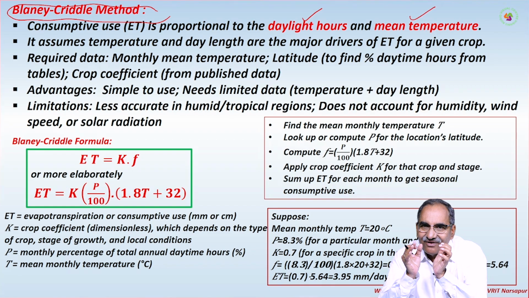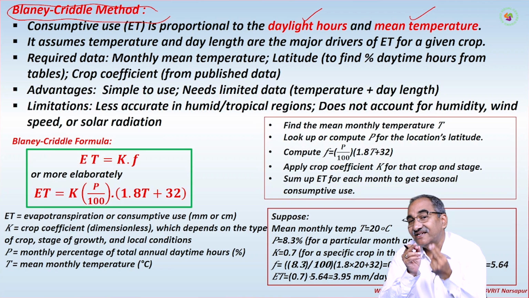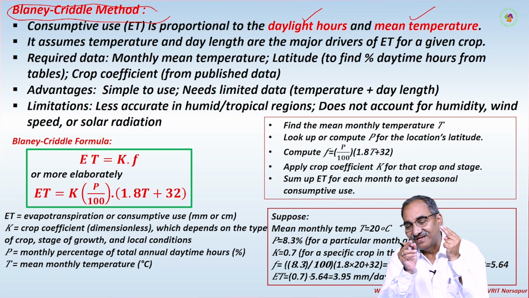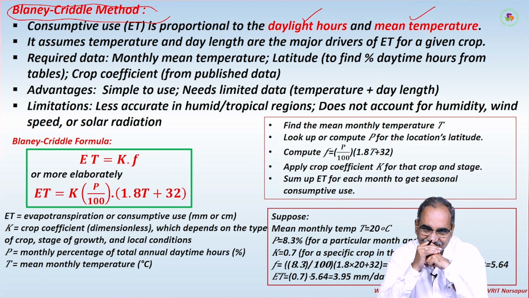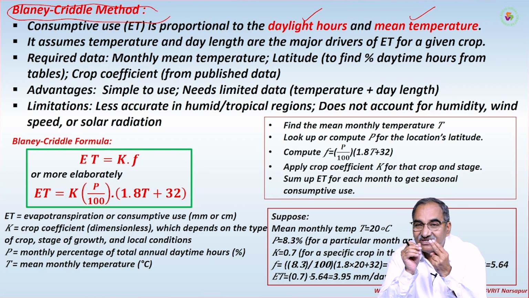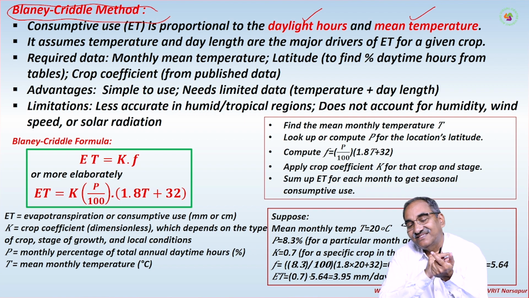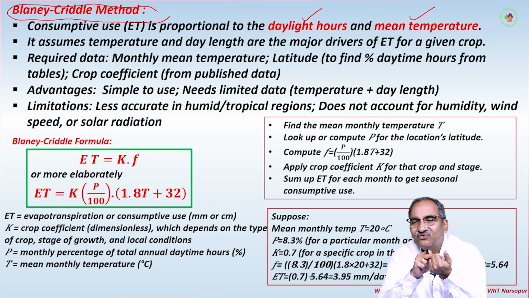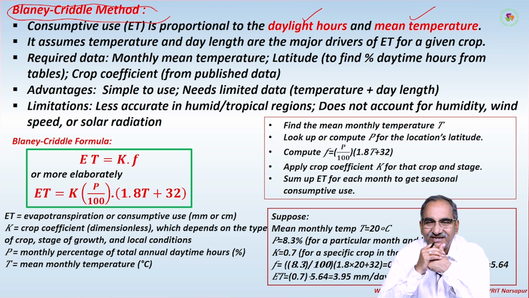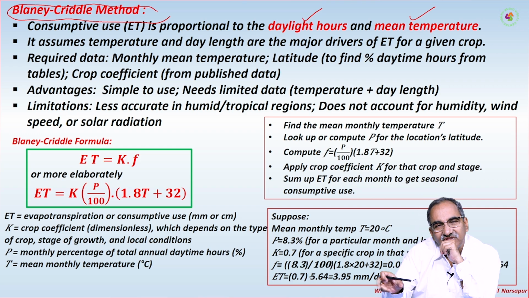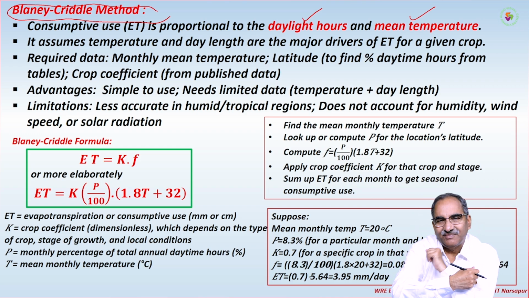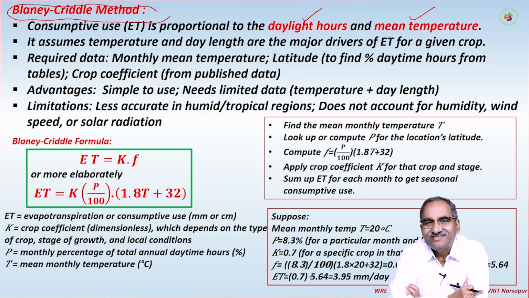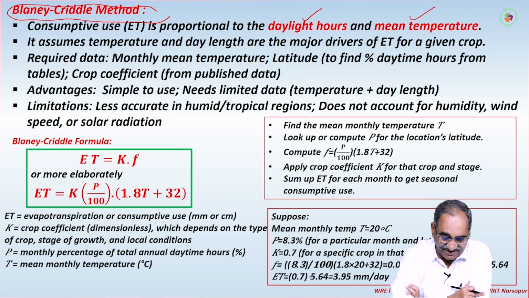Blaney-Criddle have taken only these two factors as the major factors for determining evapotranspiration. Number one is the number of daylight hours. Number two is the mean monthly temperature. Based on these two, if you estimate the evapotranspiration, that is what the Blaney-Criddle method is.